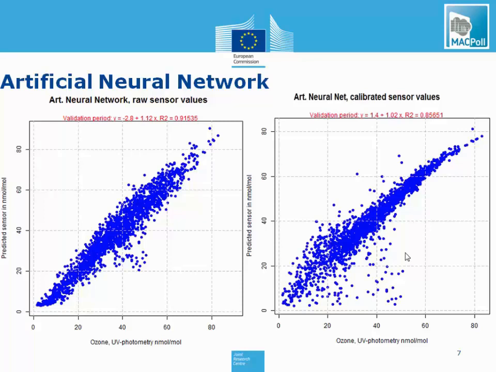That's very good. And when we try to implement already calibrated or corrected measurements using temperature, humidity, or any gaseous compounds that the sensors were sensitive to, we decreased the correlation a little bit, from 0.91 to 0.86.